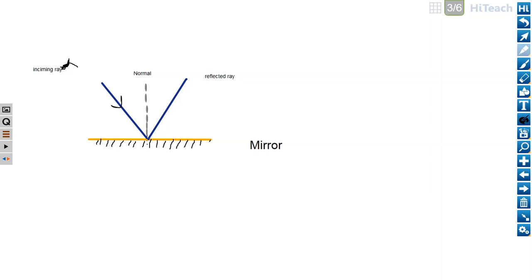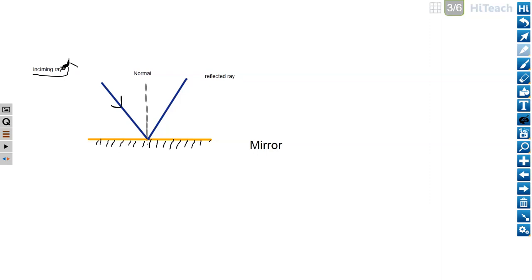The ray that hits the surface of the mirror is called the incoming ray, because it comes from the source of light toward the mirror. I'll give it another name: incident ray. This point here is the point where the light hits the mirror.